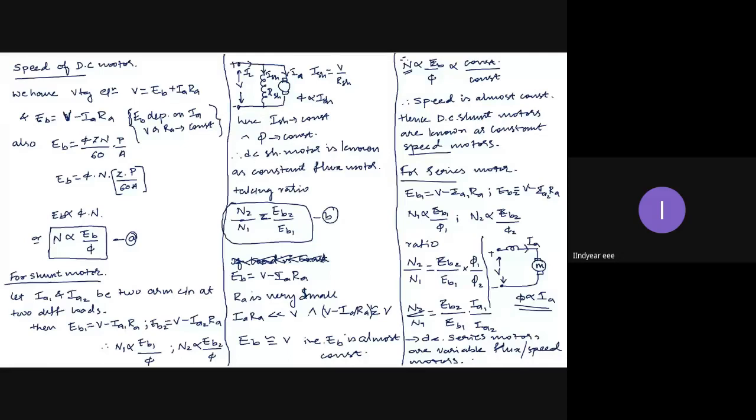So this is all about the torque developed, the shaft torque, available torque, torque developed in the armature, torque available to drive the load, speed of DC motors.